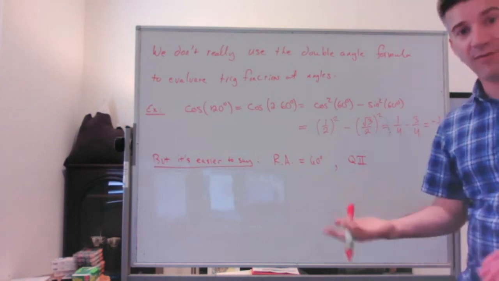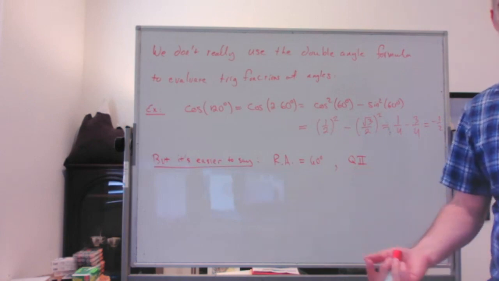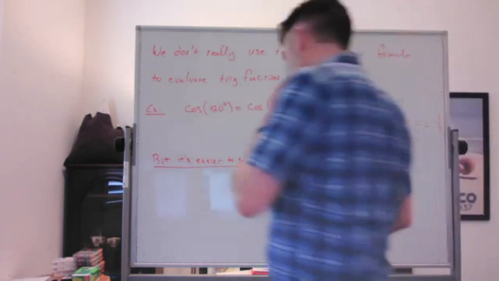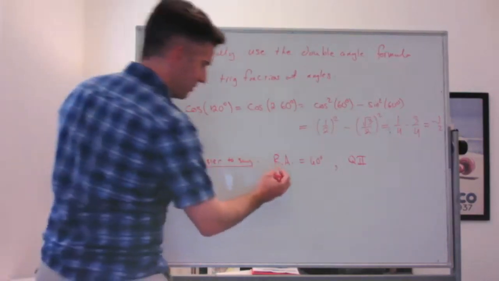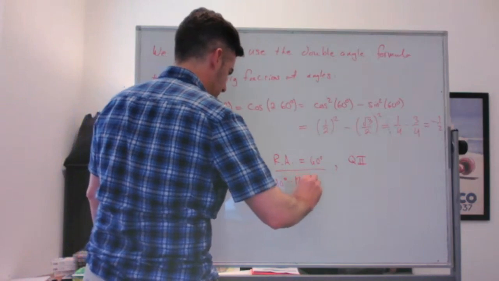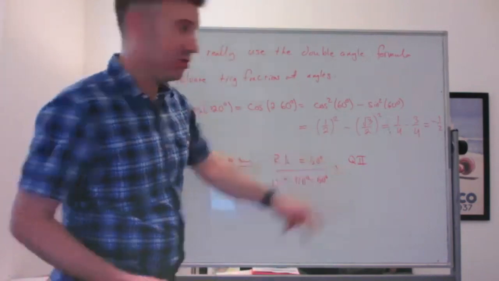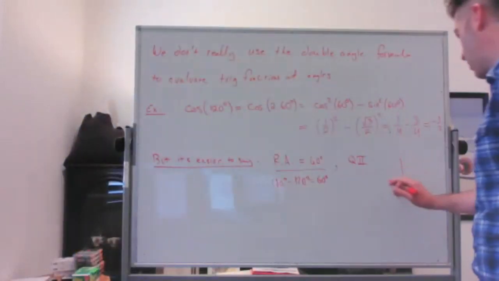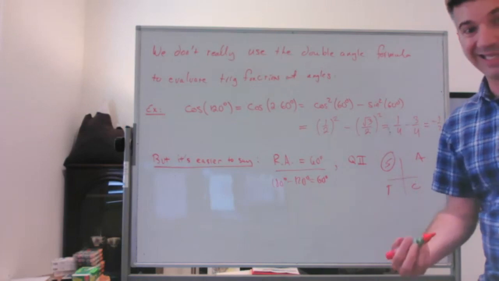And no one should ever find cosine of 120 degrees this way unless you really, really want to for some weird reason. The way we should find cosine of 120 degrees is to say, oh yeah, the reference angle is 60 degrees. 180 minus 120 is 60. The angle's in quadrant 2, where we know that sine is positive and cosine is negative.